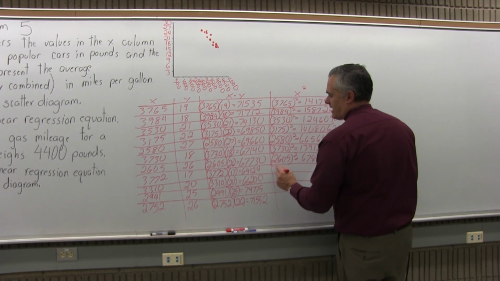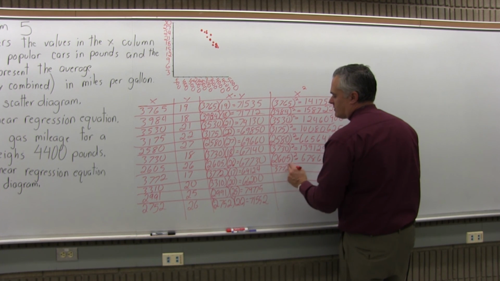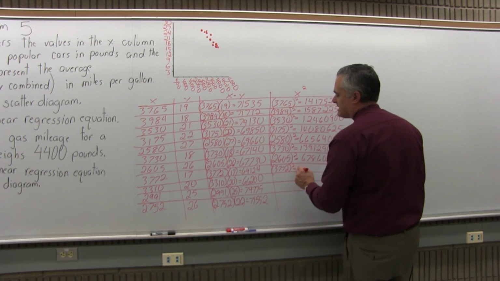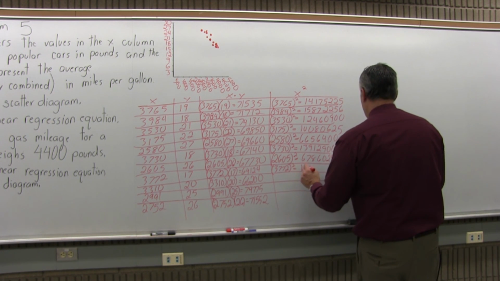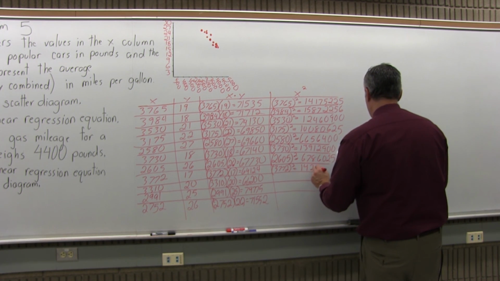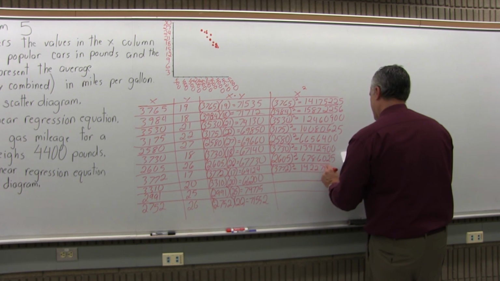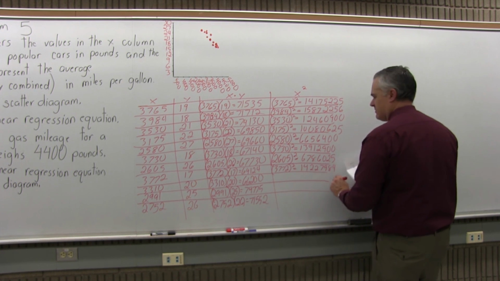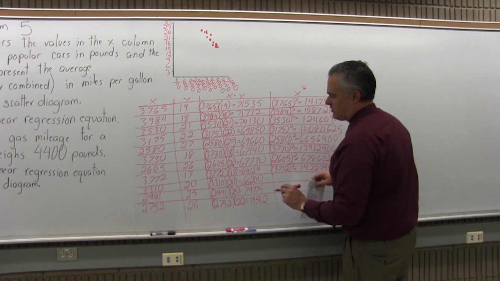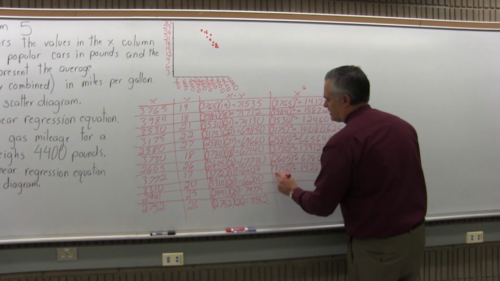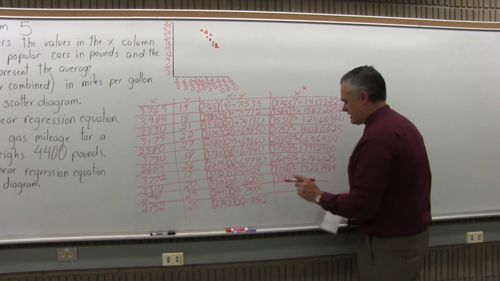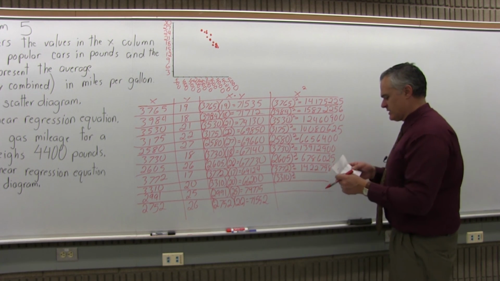Then the next car is 3,772 for its weight, so you do second power. 3,772 times 3,772 is 14,227,984. Then just a few more left. 3,310 is the next weight. So 3,310 second power.